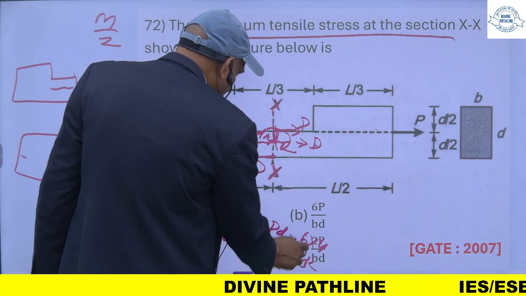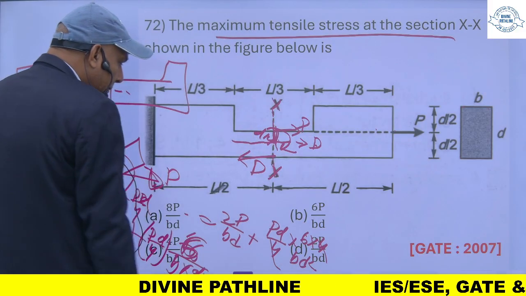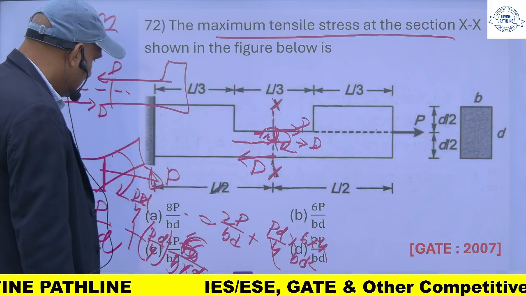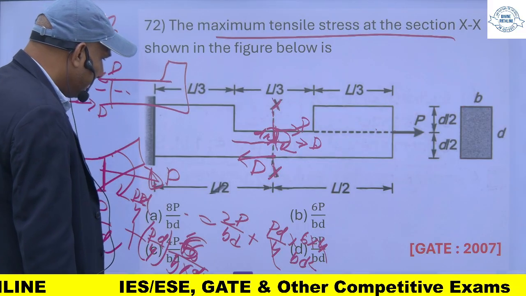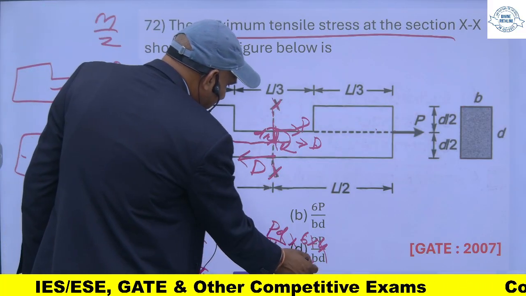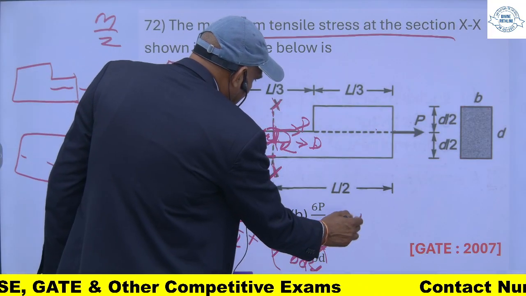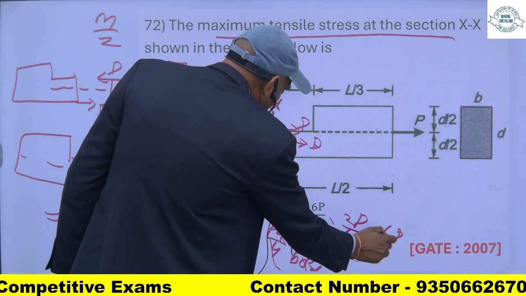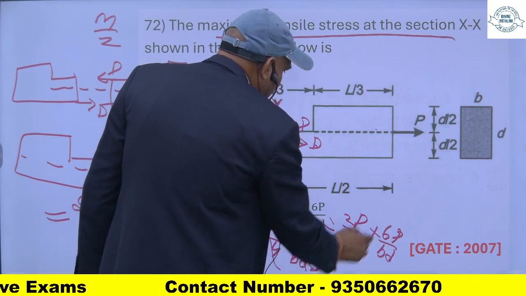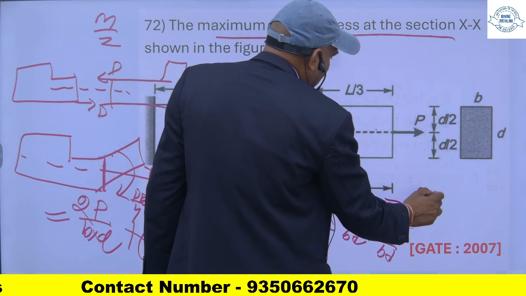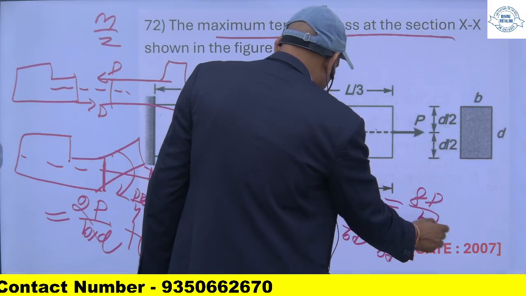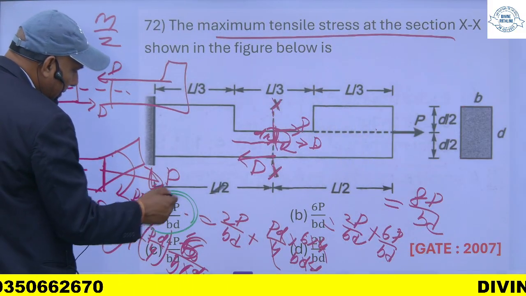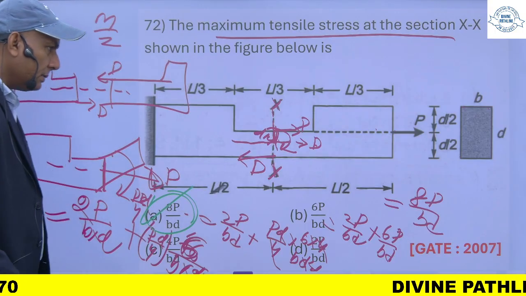So this D and D cancel. So it will be 2P upon B D plus 6P upon B D. It will be 8P upon B D. Means this one is the correct option.